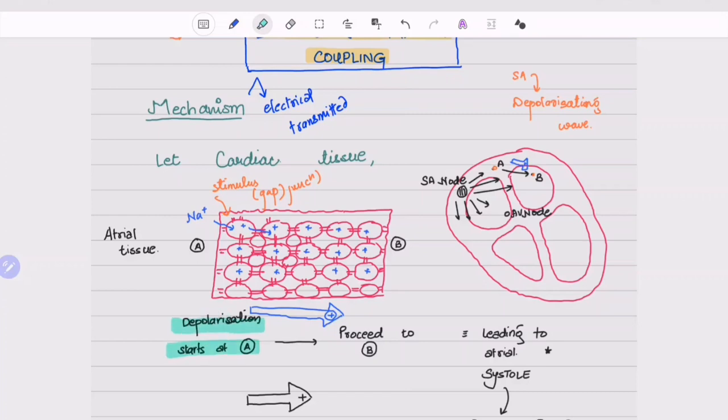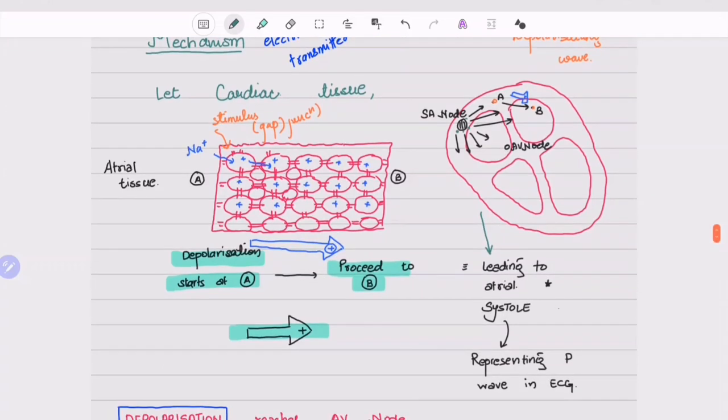Depolarization starts at point A, which further proceeds to point B, leading to a depolarization wave, which is depicted by a vector. Now, such a depolarizing wave from the SA node travels throughout the atria, leading to depolarization of each cell, which further leads to the atrial systole, which is the contraction of the atrial muscles, and this can be represented by a P wave in the ECG, as this depolarization is depicted by the electrical activity known as the P wave.